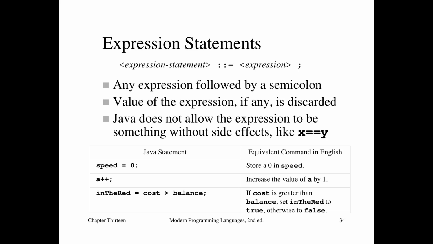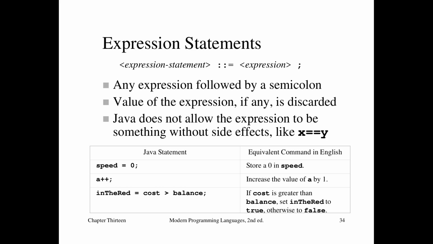The sole point of an expression statement is that it does something, but we don't care about the actual value. The only time we actually care about the value is if we assign it to something. For example, if we execute a call on a void method, we don't need to assign that to anything because, one, it returns void, so we can't assign it to anything, but two, we're expecting it to do something in the background that will change some part of the program environment.